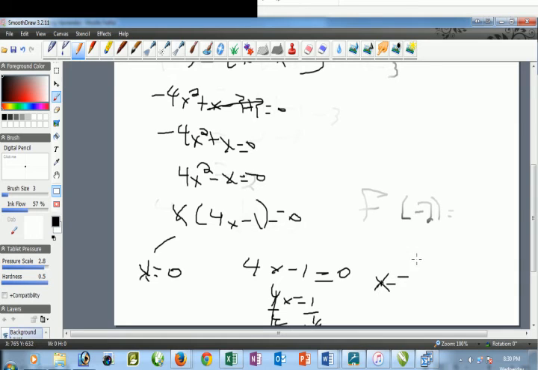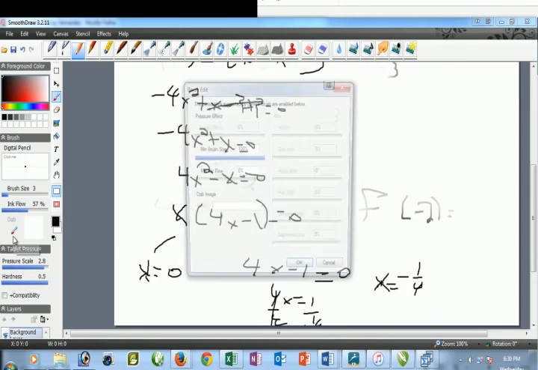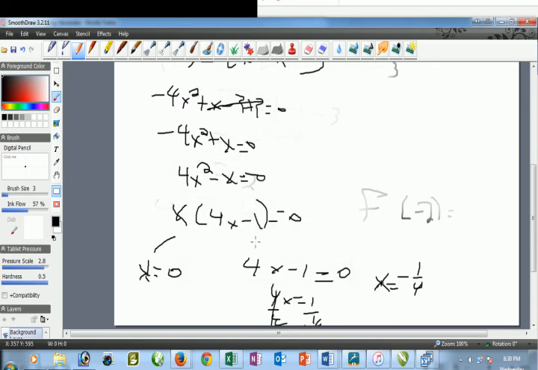So my two answers should be x equals, looking for my eraser, because it should be positive 1/4. Way too big. Kick it down a little bit. There we go.